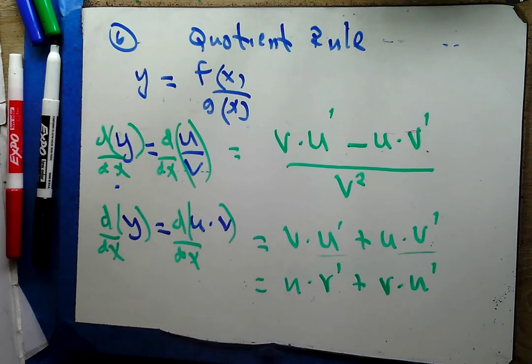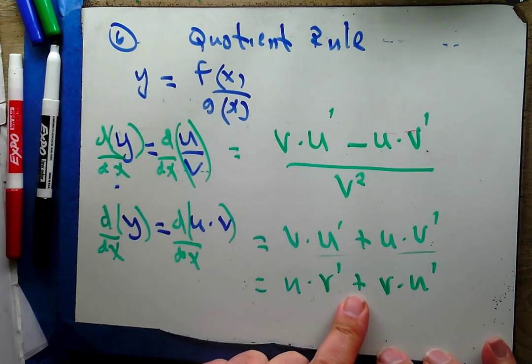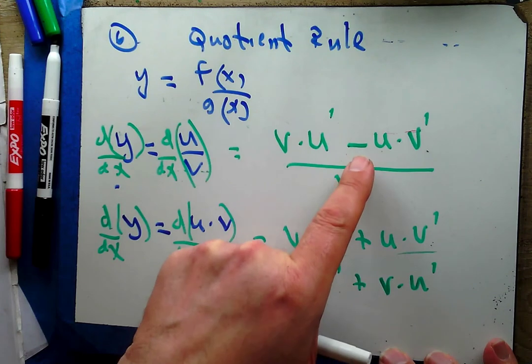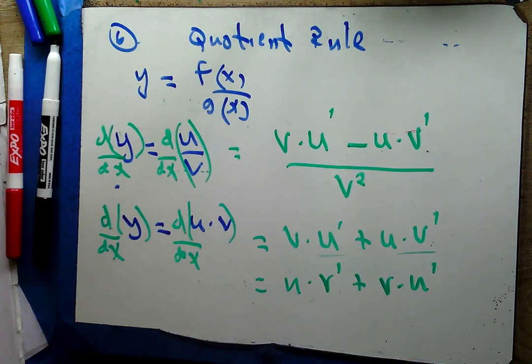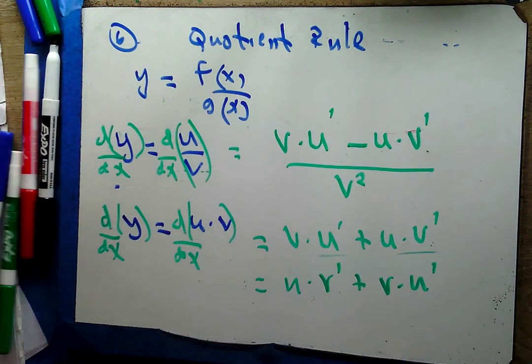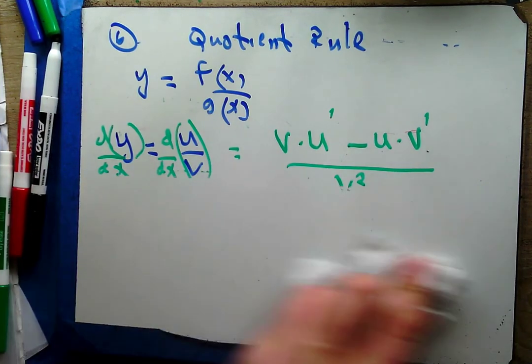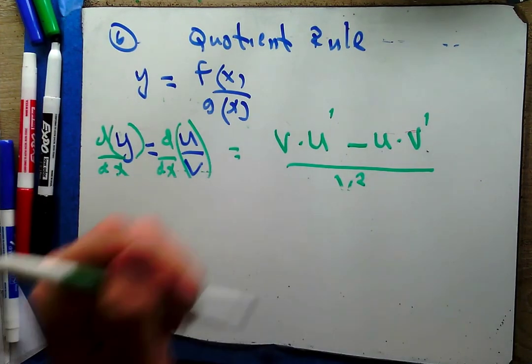Okay, it doesn't matter which order we do this because we've got a plus sign. But here, because we have a minus sign, the order matters. The order matters, the order matters, the order matters. And what is the order?